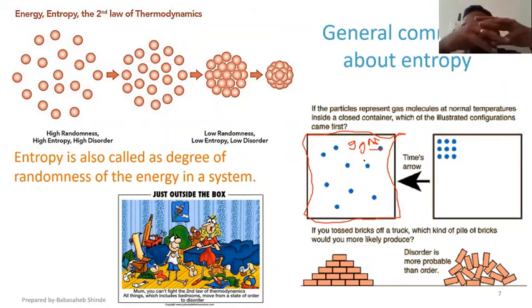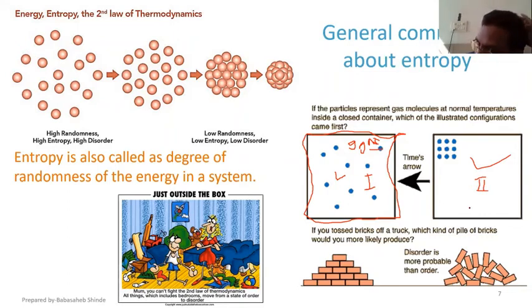So if I put those 9 molecules of gas in a chamber, will this kind of arrangement be there or this kind of arrangement? Suppose this is the first kind of arrangement and this is the second kind. Which kind of arrangement would be there? First one or second one? First one.